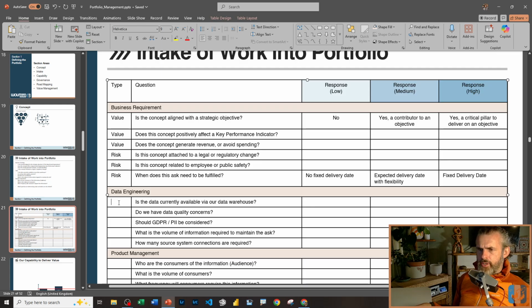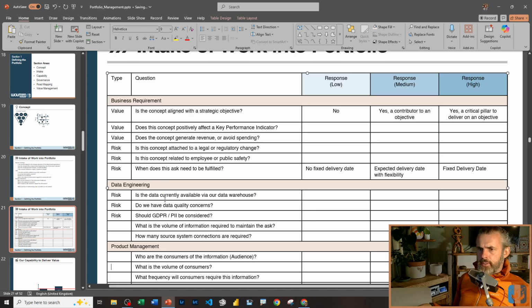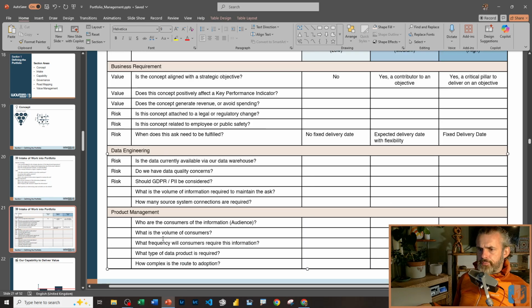Is the data currently available in the data warehouse? That's a risk. Are there data quality concerns? It's a risk related question. I think all the rest of these are going to be risk now. What is the volume of information required?